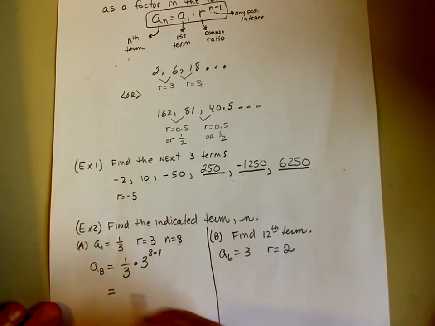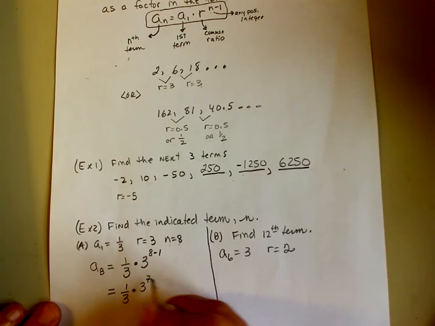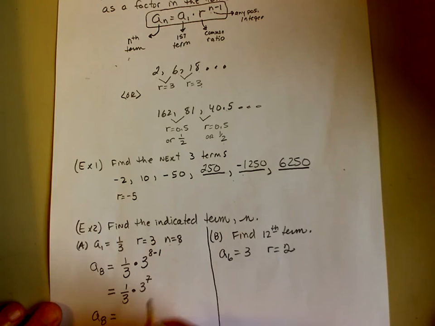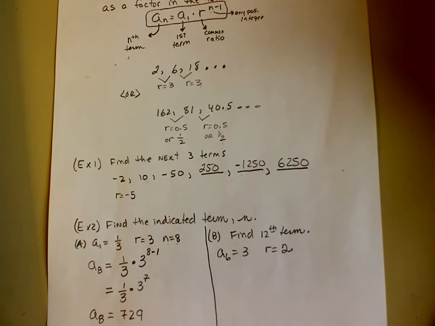Following your order of operations, we'll take 1/3 times 3 to the 7th power, and a sub 8, or the 8th term, is 729 in that particular sequence.